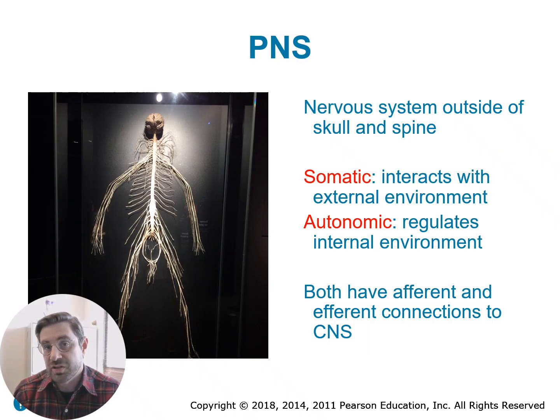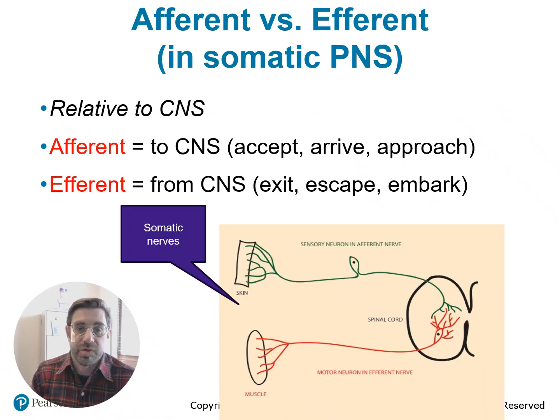Now, both of these systems are going to get inputs and outputs. Okay, and there's a technical term for that you're going to see showing up in your textbook and as you move forward in psychology, and that's afferent and efferent. Let's break that down within the somatic system. So the terms afferent and efferent are relative to a reference point.